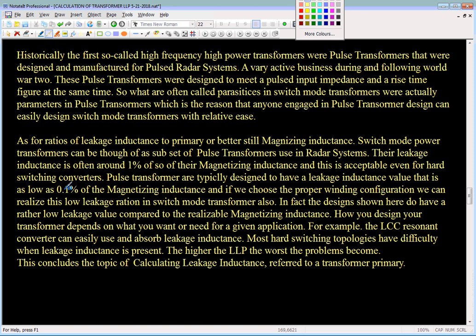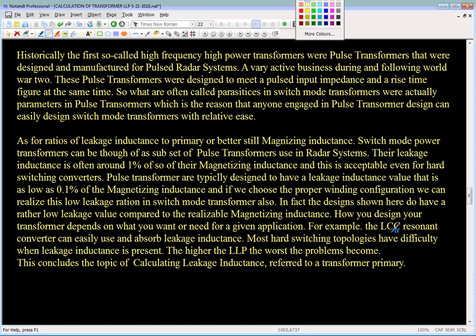I've mentioned this to engineers throughout my career. They tell me I'm crazy, but I'm not crazy. Most of mine were about 0.1. And if we chose the proper winding configuration, we can realize this low inductance ratio in switch mode transformers also. In fact, the designs here do have a rather low leakage inductance value compared to the realizable magnetizing inductance. How you design your transformer depends on what you want or need for a given application.